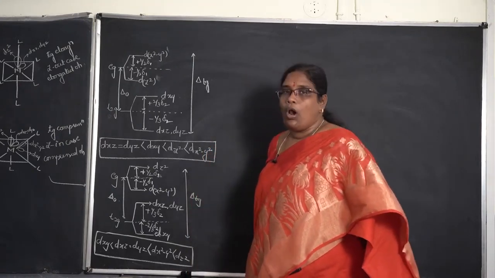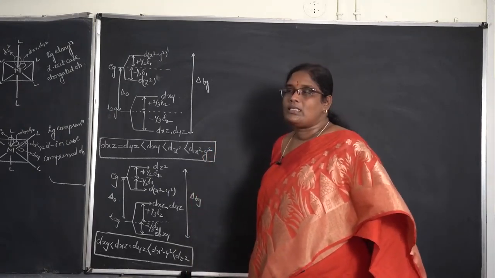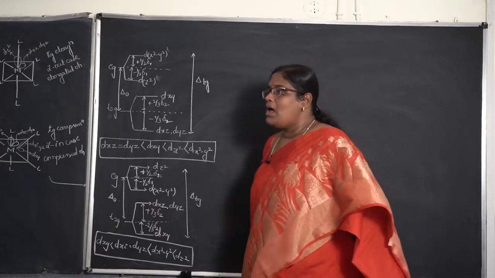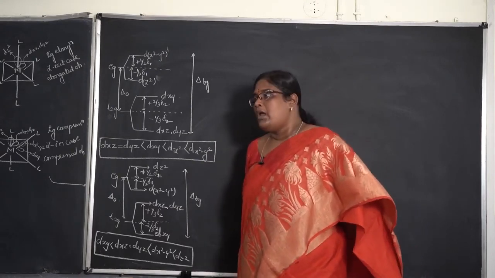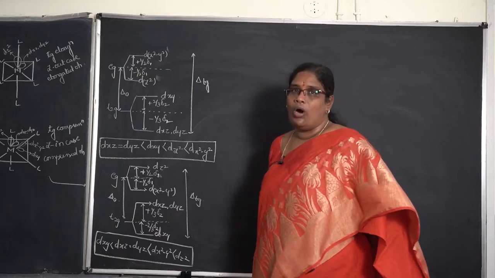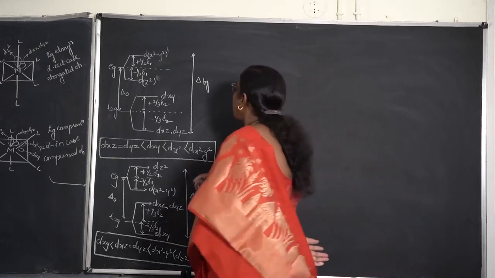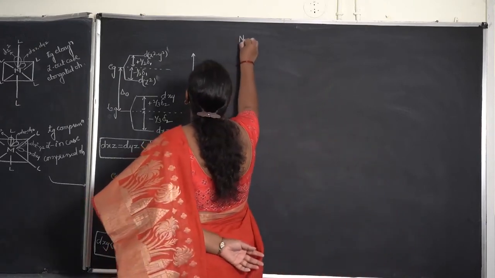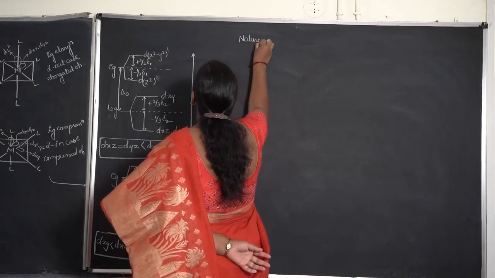Whether it is elongation or compression, we cannot say by observing the complex, but we can say whether the distortion exists or not. So how to identify the nature of distortion?